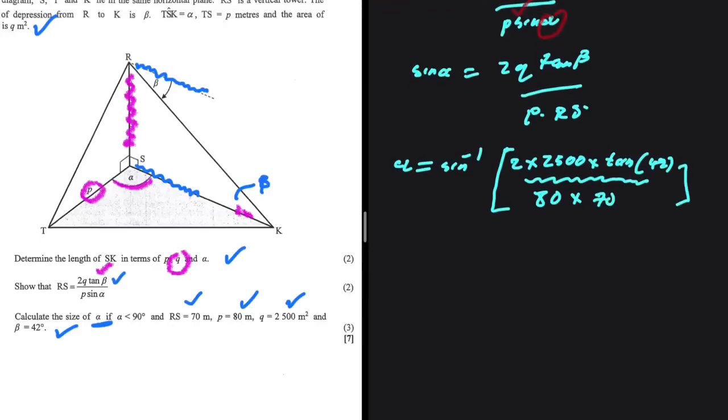It is just a matter of putting that in your calculator, and when I do that, I'm getting 53.51 degrees. So that is the size of angle alpha if alpha is less than 90 degrees.